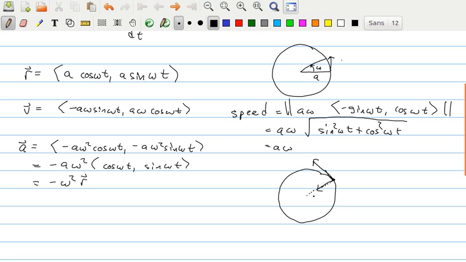If our position is pointing outward, the acceleration is pointing inward. So the acceleration is running parallel to the position function, although it's in the opposite direction. So we have the position function out here. The velocity is pointing along the direction of the circle, and then pointing back toward the center is the acceleration. So that's the derivative formulas applied to projectile motion.